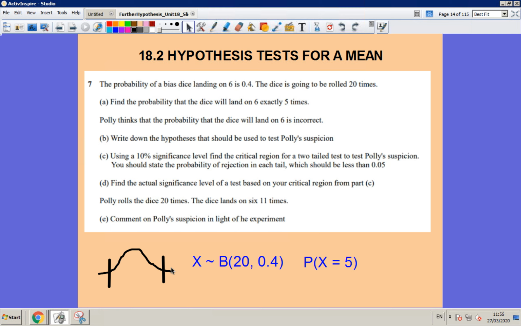To do this, you need to use your calculator, and this time you're using the binomial cumulative distribution. You're going to use that to give you the probabilities of each of the events 1 to 20 happening, so getting 1 six all the way up to getting 20 sixes. You're going to find the probability of getting less than or equal to that particular event.